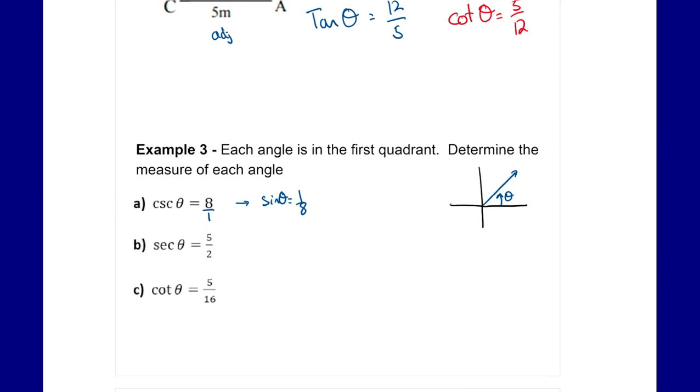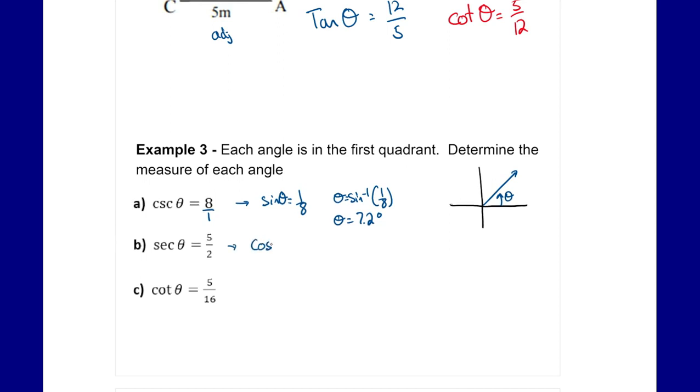And now I can use my sine ratio to determine what the angle is, because I can do theta equals sine negative 1 of 1 over 8. I would get theta is equal to approximately 7.2 degrees.